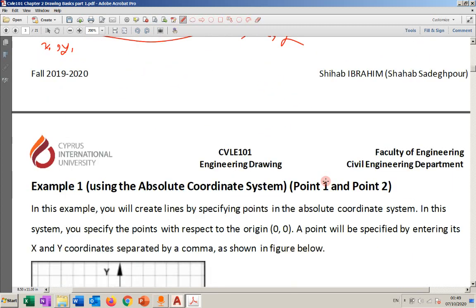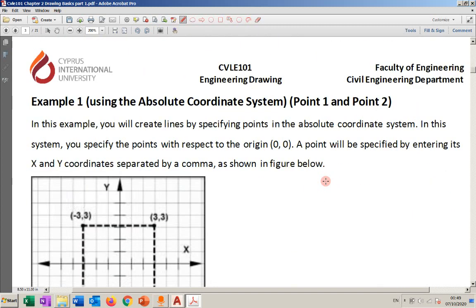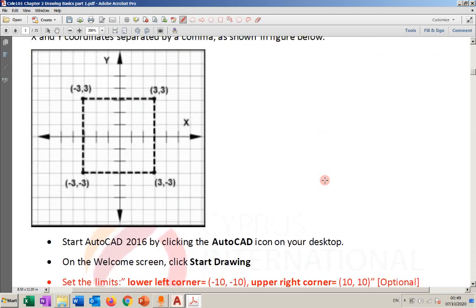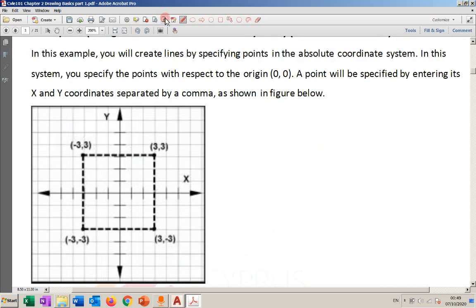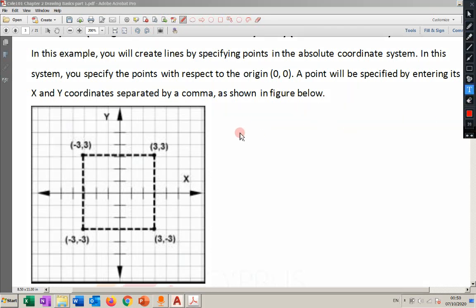Now, on the other hand, how many methods do we have to draw a line? The methods that we have in AutoCAD, I'm going to write them here, that we can use to draw a line.